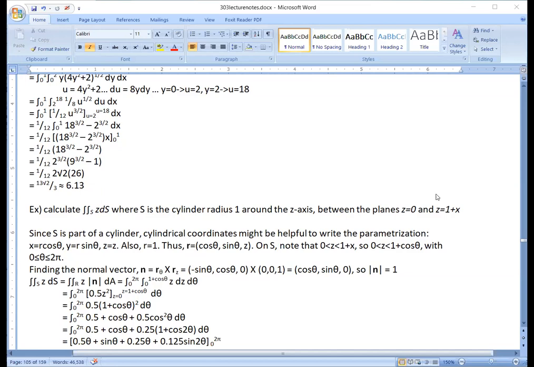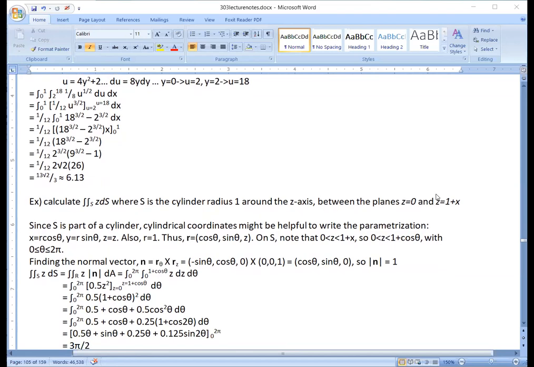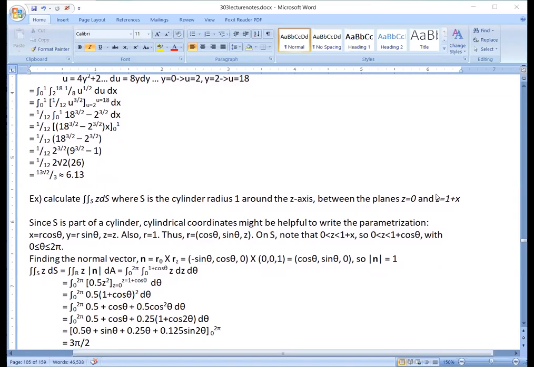So you wind up with 1/8, which is 0.125, of sine of 2 theta. Now you have to evaluate on the boundaries from 0 to 2 pi. Plugging in, it simplifies to 3 pi over 2.